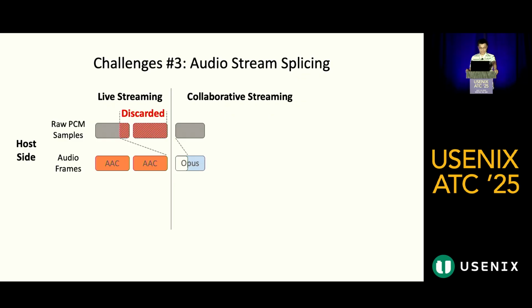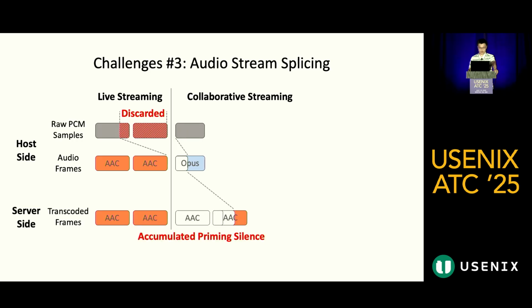For example, in our deployment, the broadcaster uses the AAC codec in live streaming mode, but changes to the Opus codec in collaborative streaming. Correspondingly, we need to transcode the Opus streams to a mixed AAC stream so that we can deliver a continuous audio stream to viewers regardless of the streaming mode.